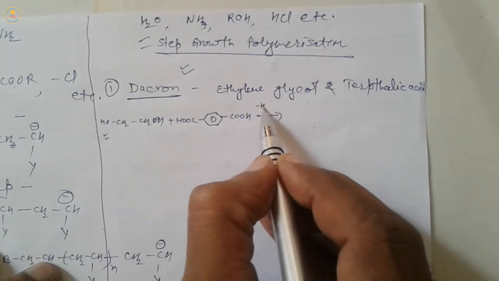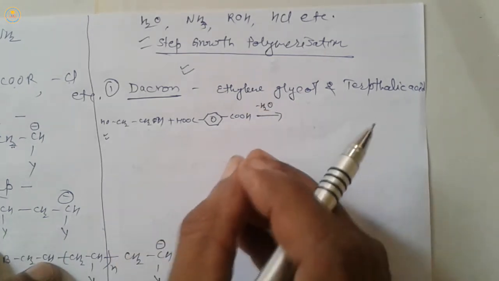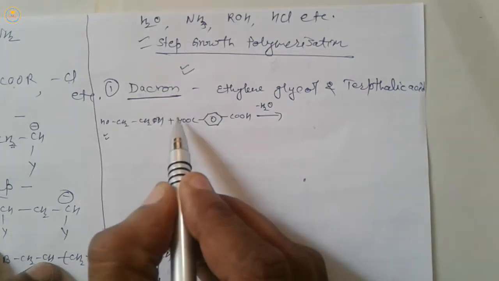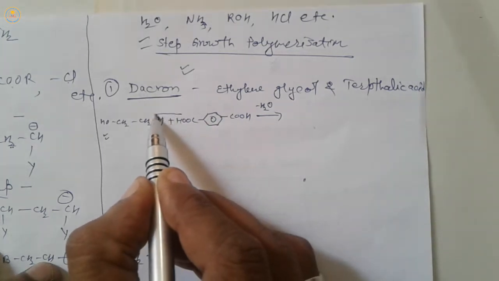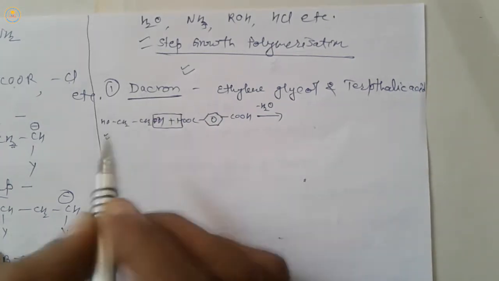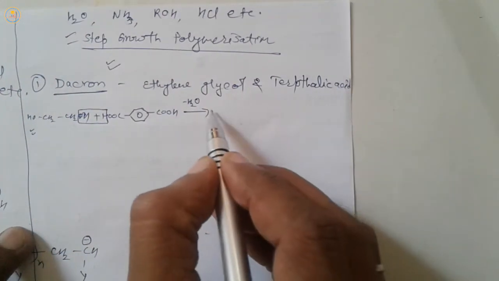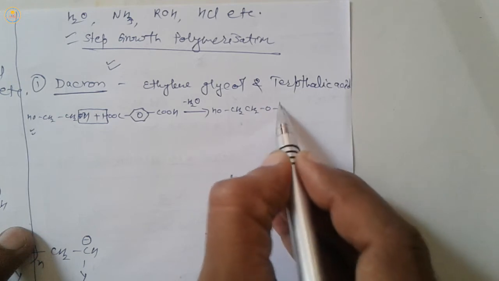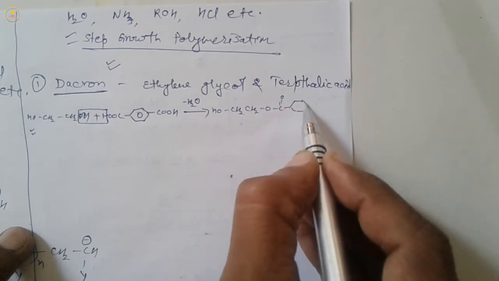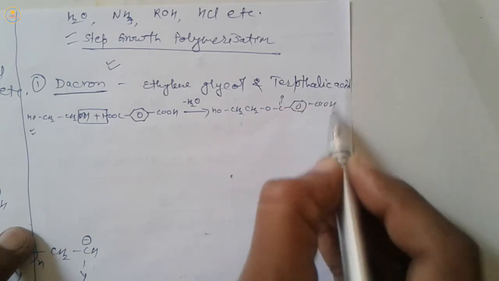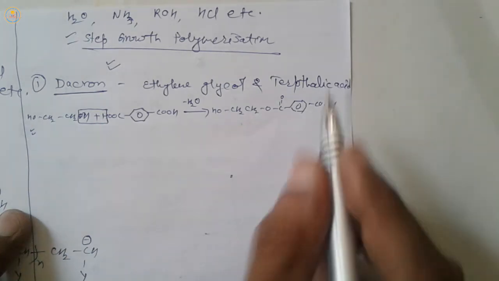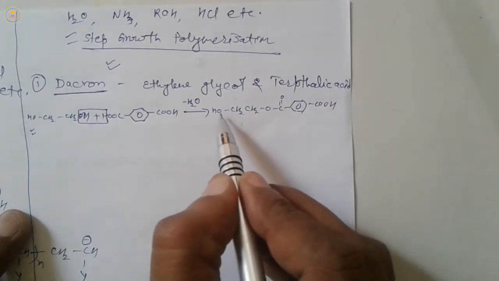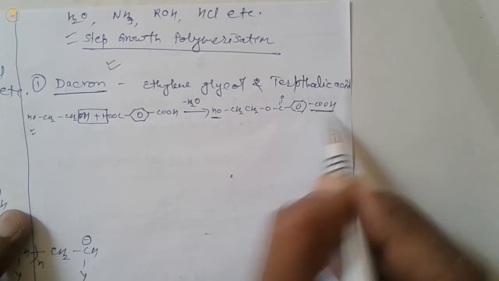After removal of one water molecule between them, the product will be bifunctional, which is a bifunctional species, alcohol and COOH.